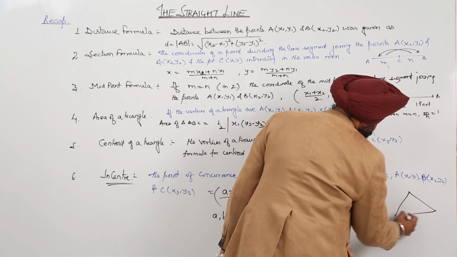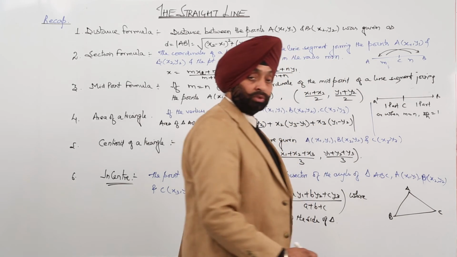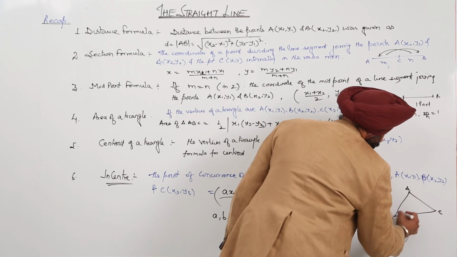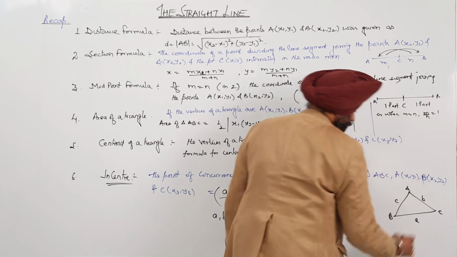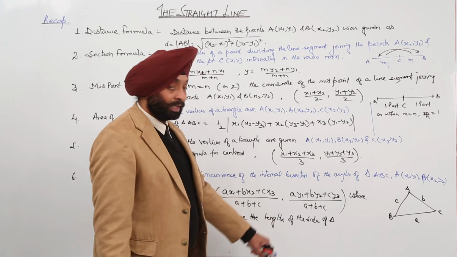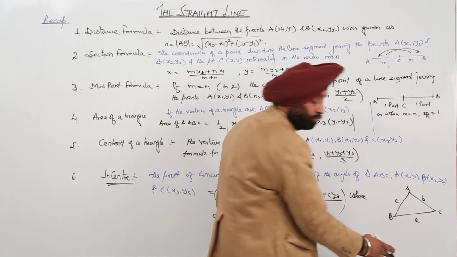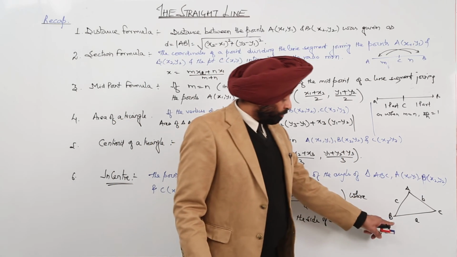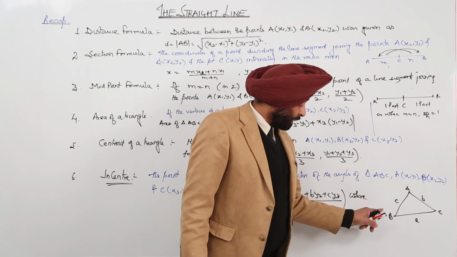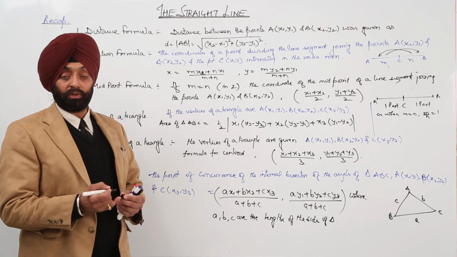If this is the triangle, this is A, B and C. Using the distance formula between B and C, we are getting this as a, this as b and this as c. Small a will be opposite to capital A. So the length of BC will be small a, length of AC will be small b, and length of AB will be small c, and then we can get a formula for the incenter.